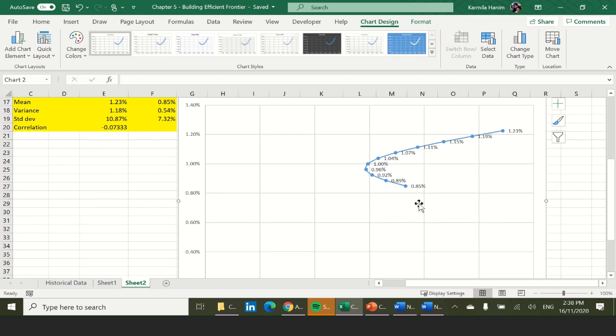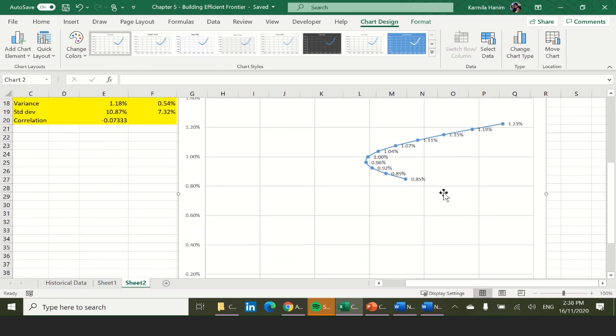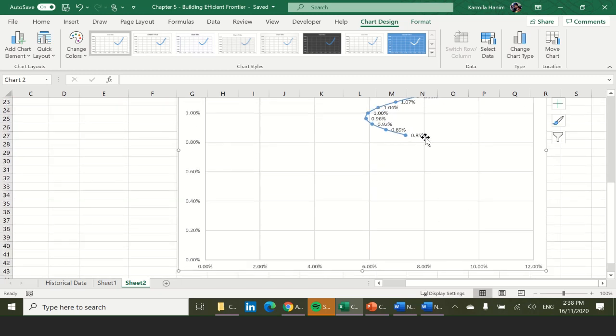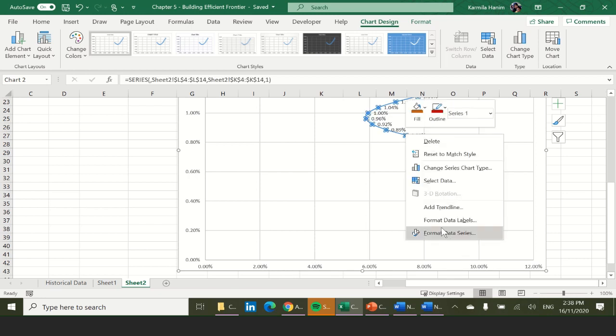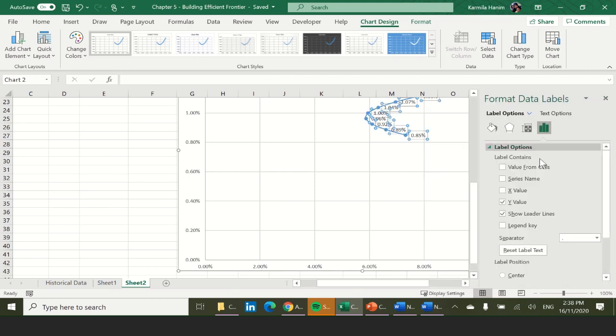Okay, and let's say you want to have labels on the standard deviation, so you can click here and change. Okay, you want the value of x instead of y on the efficient frontier.